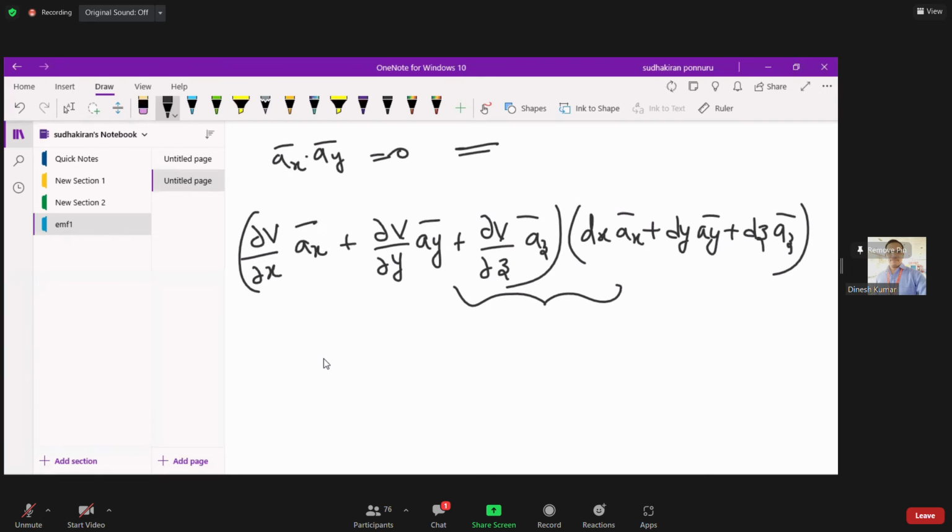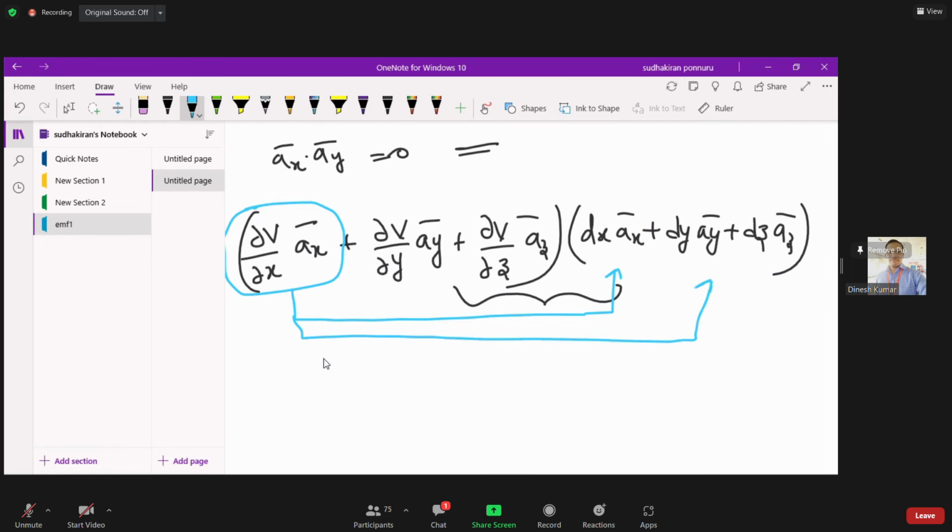Okay, so how are we going to do this? We are going to multiply. We take the first term, that is dou v by dou x into ax bar, and we multiply with each and every term of the second one.